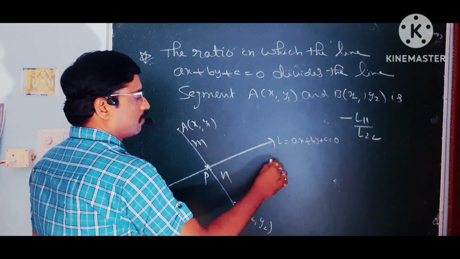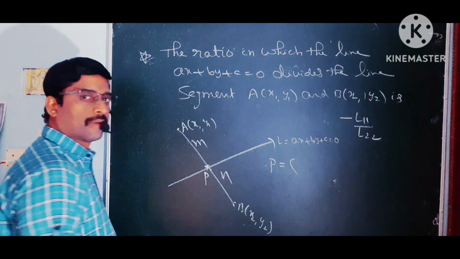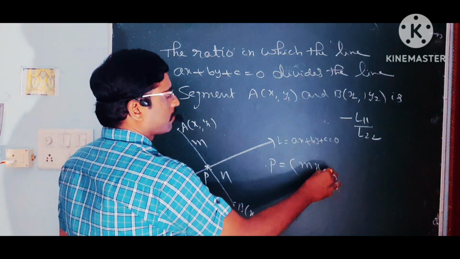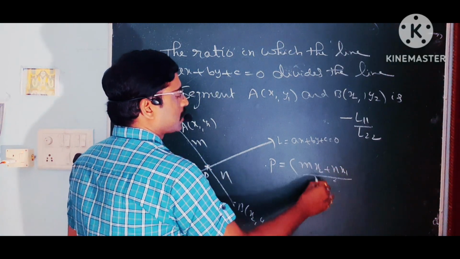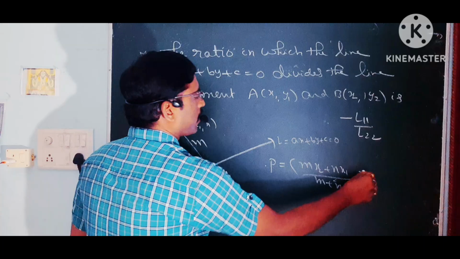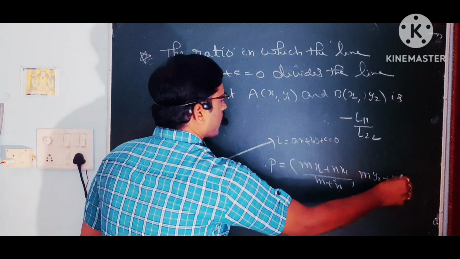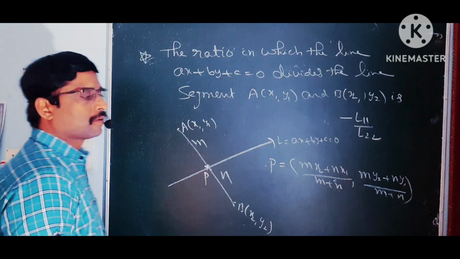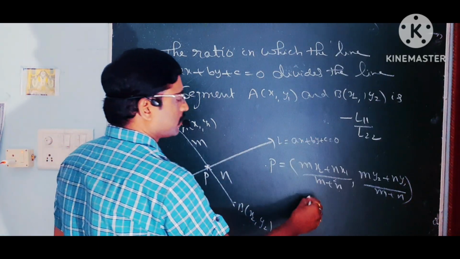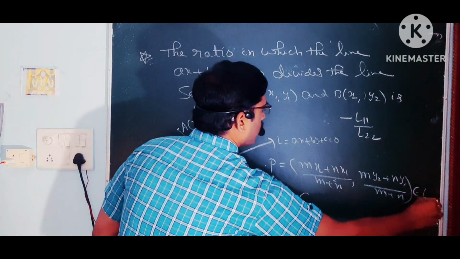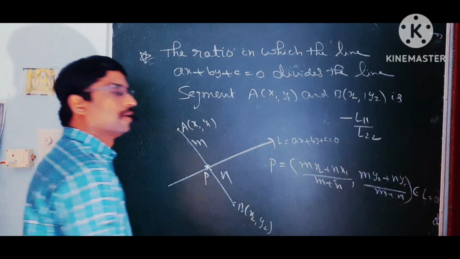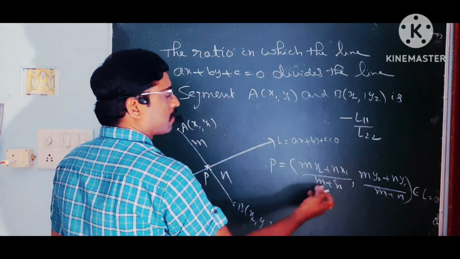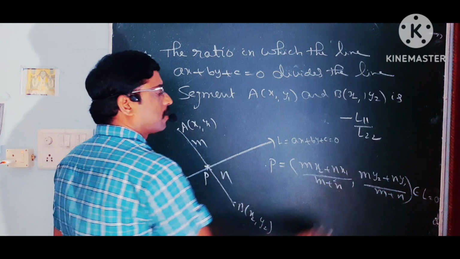Now point P, by using the section formula, is (mx2 plus nx1) by (m plus n), (my2 plus ny1) by (m plus n). This point lies on the given line, it belongs to L is equal to 0.